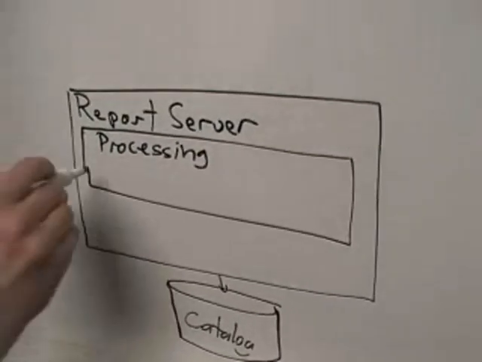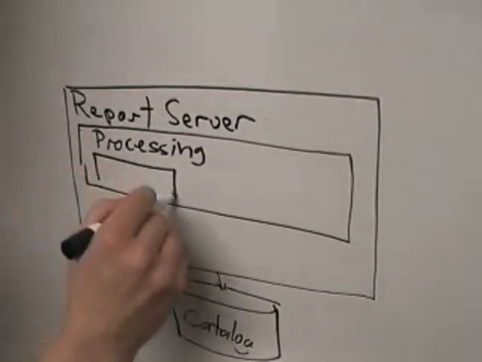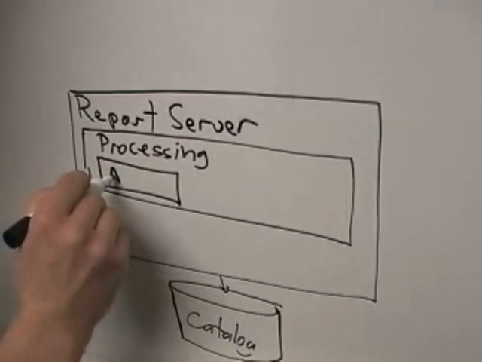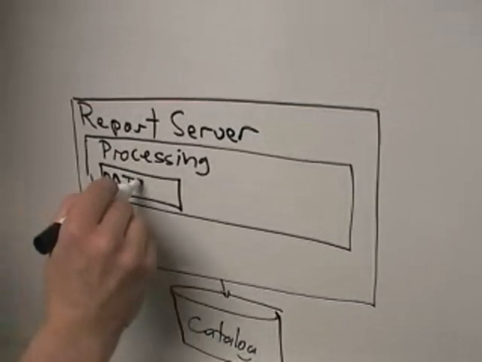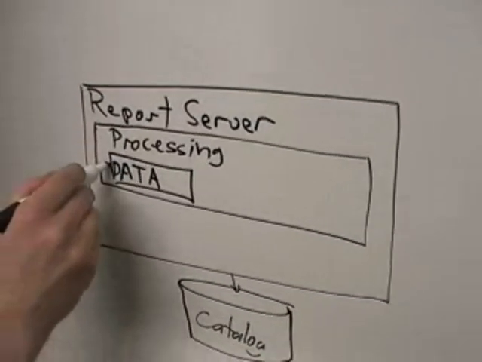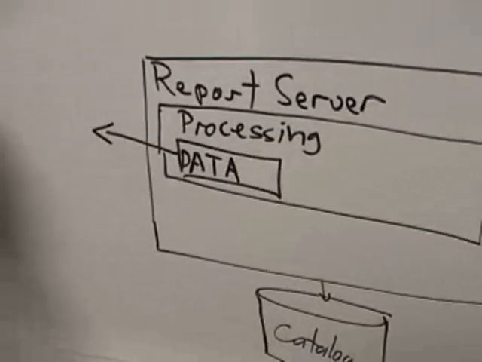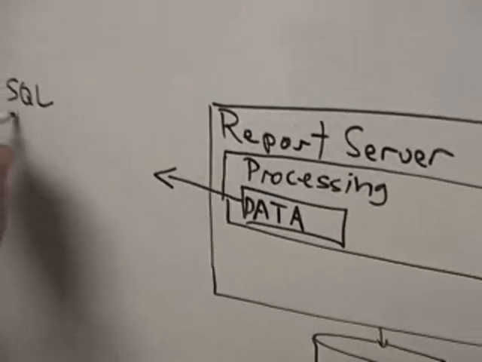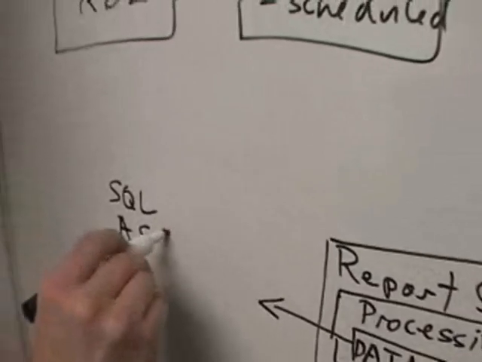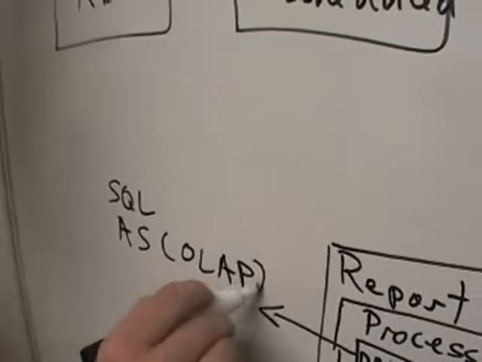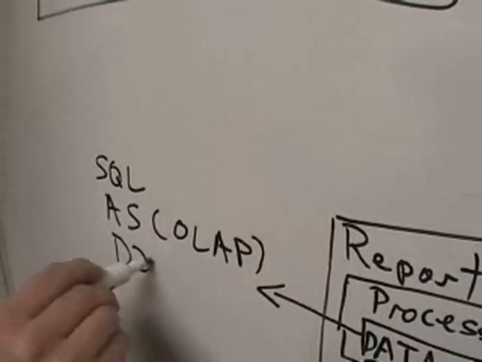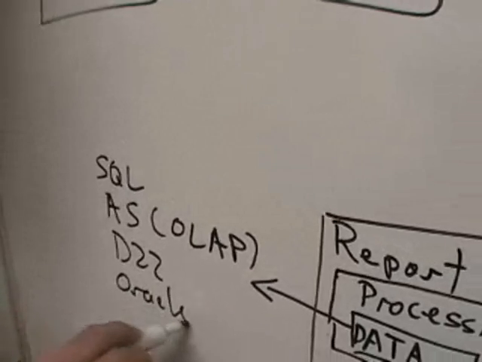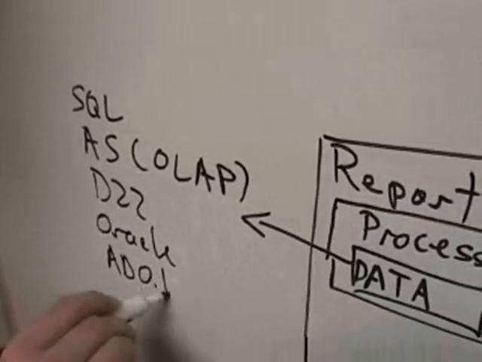To support this component, it has two extensibility pieces. One, which is a data piece, which allows you to go off to various data sources, such as SQL, Analysis Services using OLAP or MDX, DB2, Oracle, or any ADO.NET data extension.